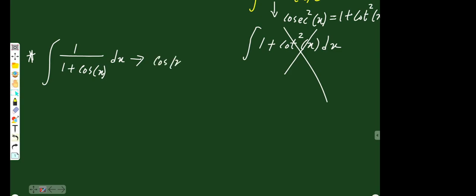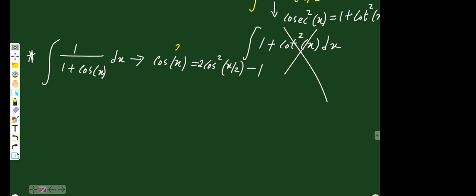You know cos x can be written as cos squared x divided by 2 minus 1. Double angle theory, right?